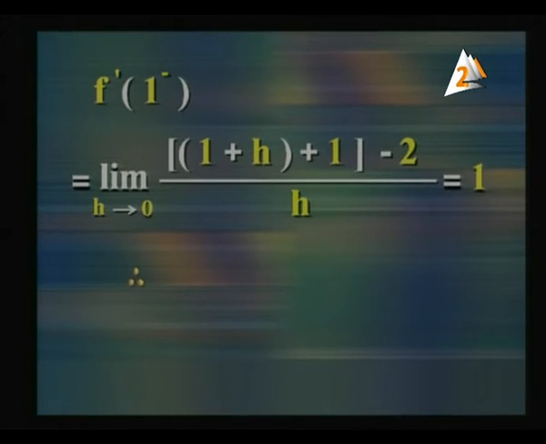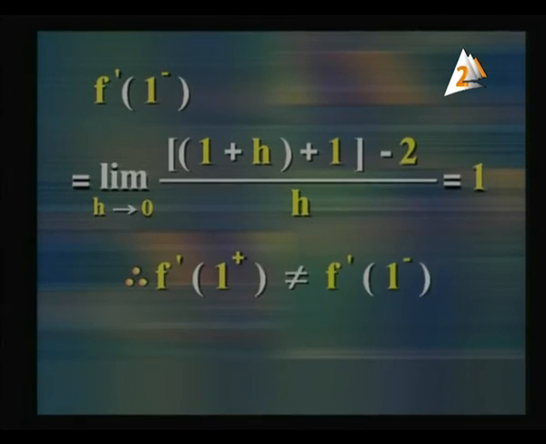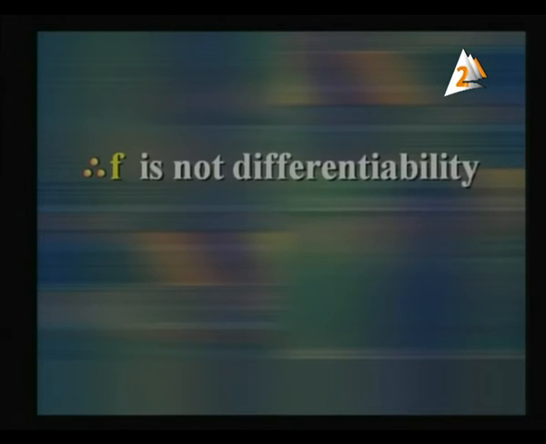The answer is 1. What do you deduce? f dash of 1 positive is not equal to f dash of 1 negative. What do you deduce? f is not differentiable at x equals 1.